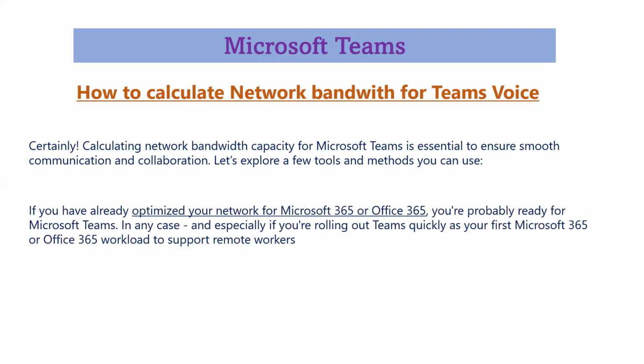But in case you have already optimized your network for Microsoft 365 or Office 365, you are probably ready for Microsoft Teams. In any case, if you are rolling out Teams quickly as your Microsoft 365 or Office 365 workload to support remote workers, then you need to check a few points.